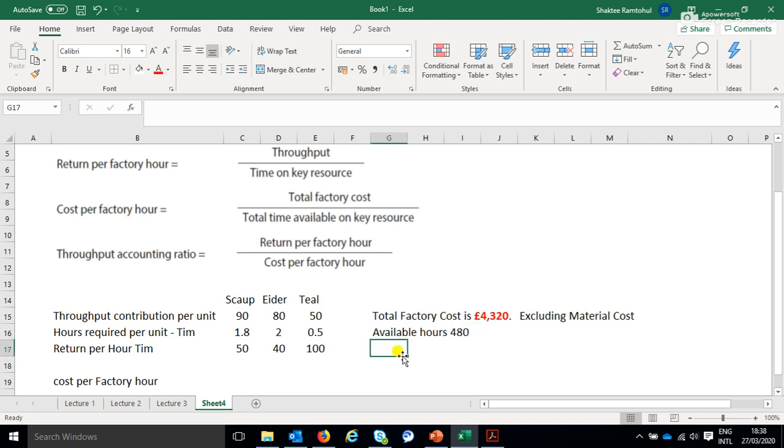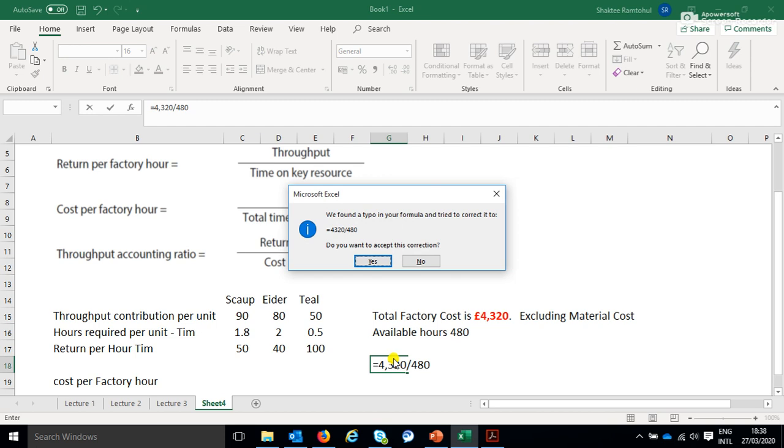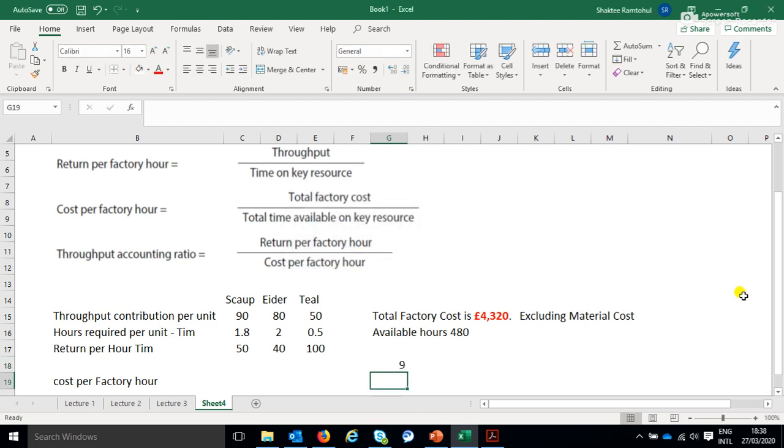What we need to do is calculate what it costs per hour to run the activities. In all our cases, we have 480 hours available. So it will be equal to 4,320 divided by 480. There you go.